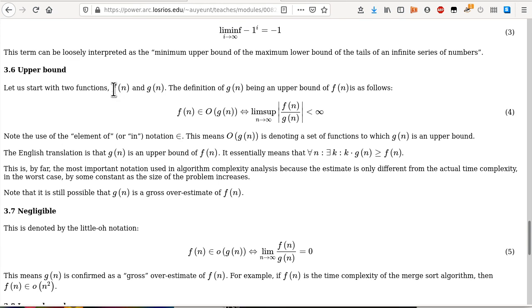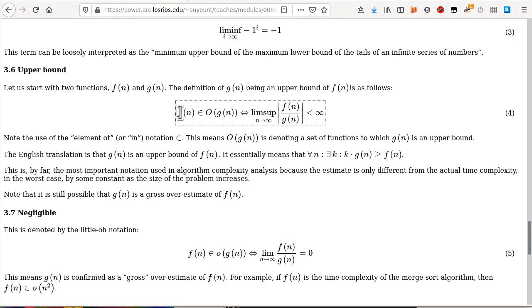If you have a function f, which is the exact amount of time that an algorithm needs, using a particular implementation, to solve a problem of size n, and you have a simpler g of n, which serves as an estimate of the time complexity of the algorithm, the way you relate f and g is like this. f of n is an element of big O of g if and only if the limit superior of the absolute value of f of n divided by g of n is less than infinity.